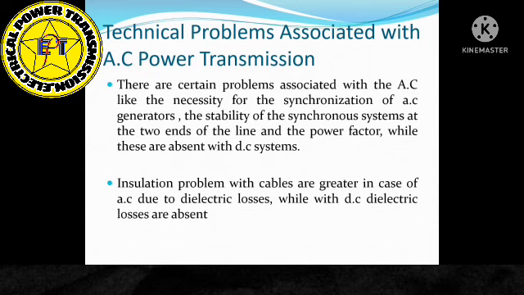If one AC system is generating power at 50 Hz, no issue. Another AC system generating power at 60 Hz, no issue. There is no issue of frequency variation in a DC transmission line.